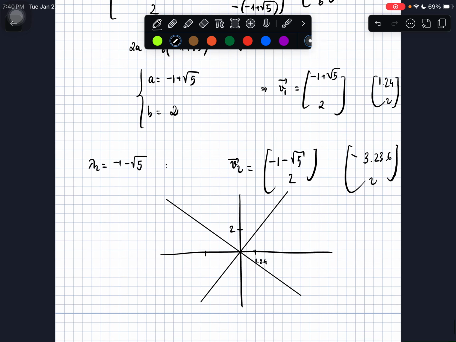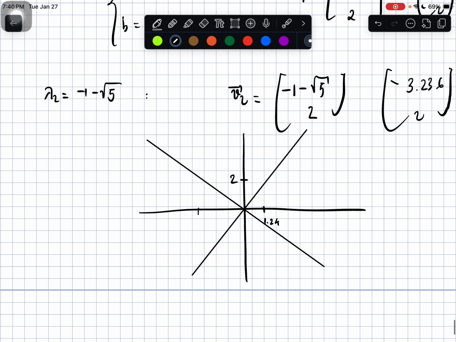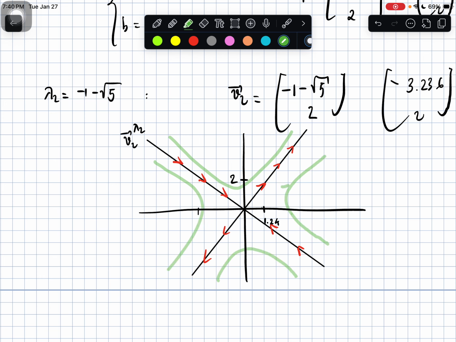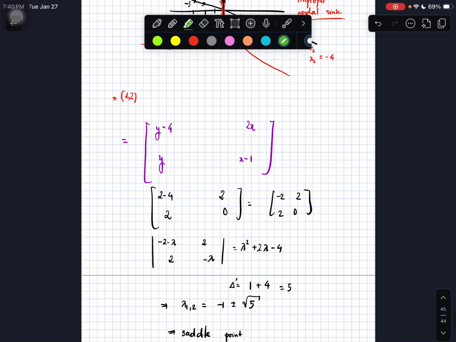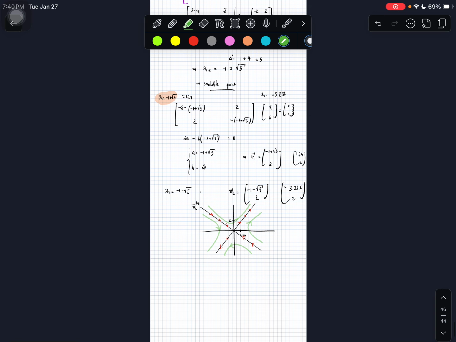And for the saddle, the negative one is the one that corresponds to V2, lambda 2, here. And the other one like this. I think we have enough info to plot all together.